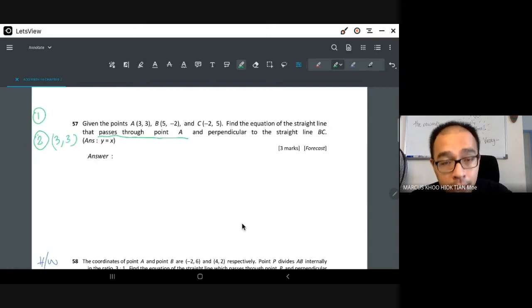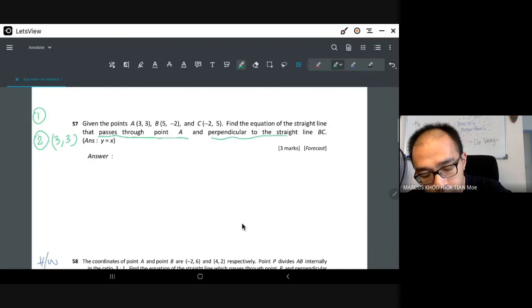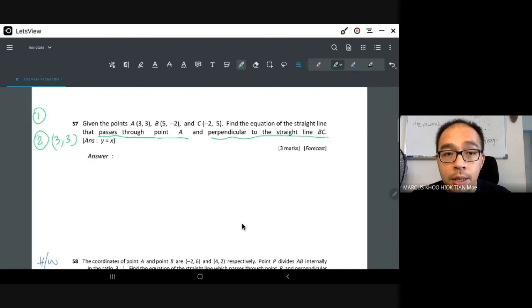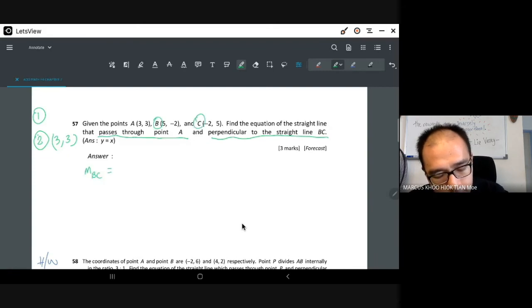But it is perpendicular to the straight line BC, so we have to find the gradient of BC first. Can you use B and C and find the gradient of BC for me, please? The gradient is negative 1.